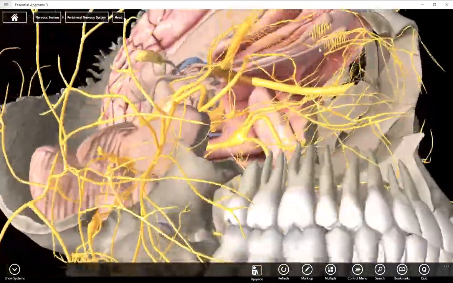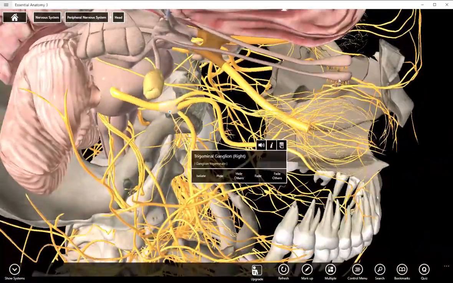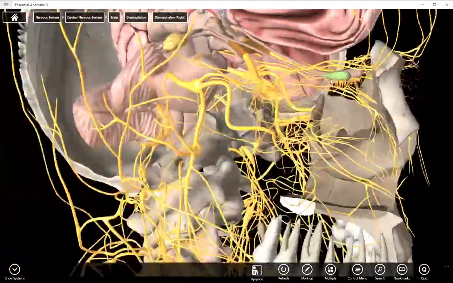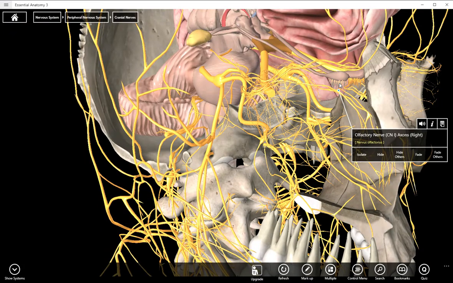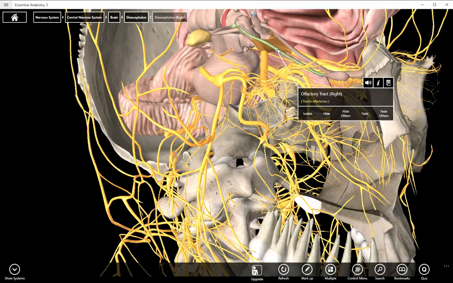Look at the nerve tissue that hangs down through the holes in the cribriform plate. How cool is that? So these are actual individual olfactory nerve axons hanging through the cribriform plate, coming out of the two olfactory bulbs.